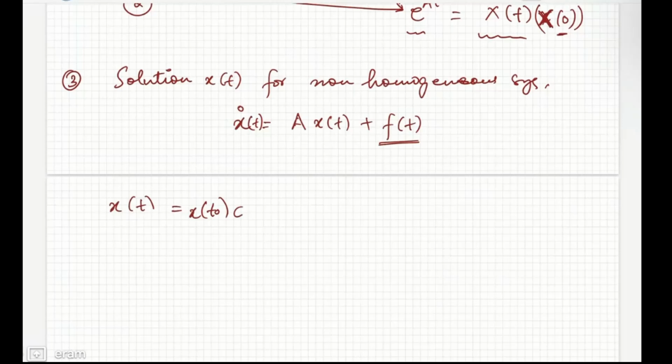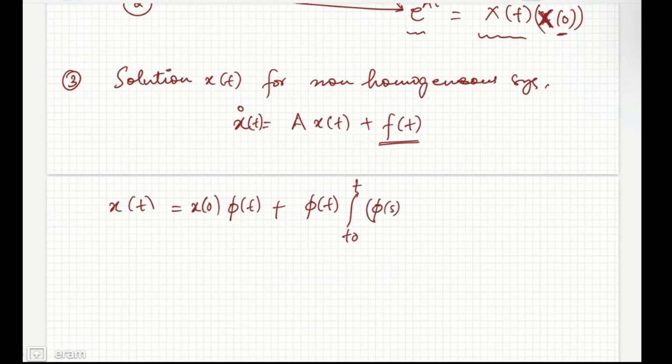State transition matrix phi(t), or phi(t minus t naught). Let's say this t naught is 0. So it is phi(t) x(0) plus the integral from t naught to t of phi(t) phi(s) inverse f(s) ds.